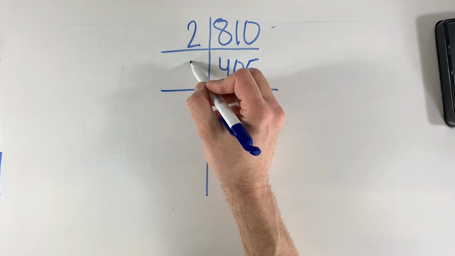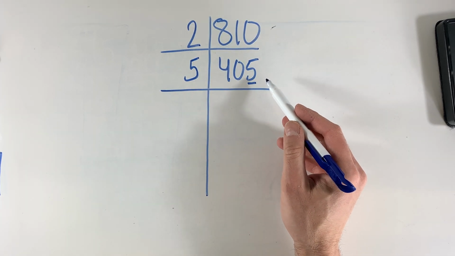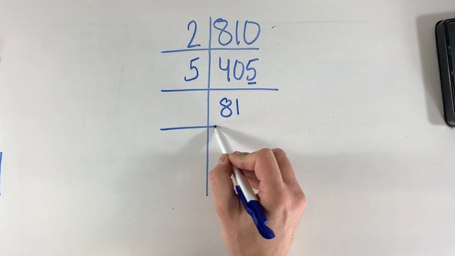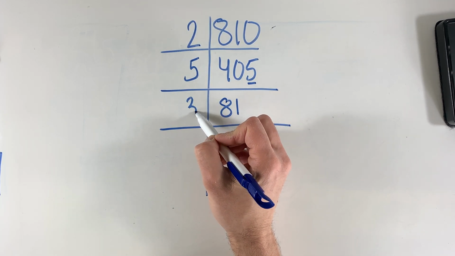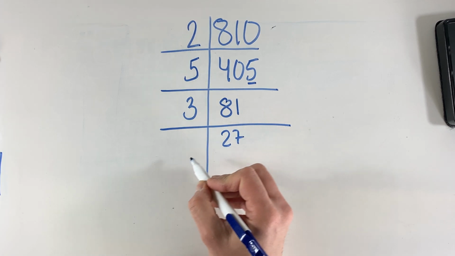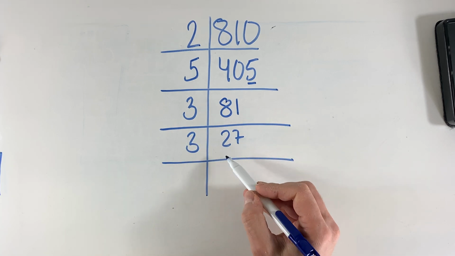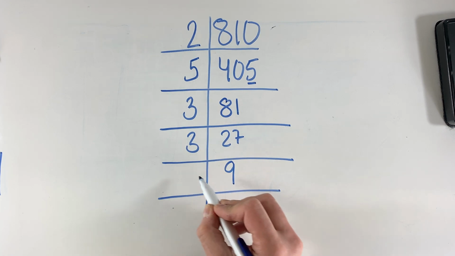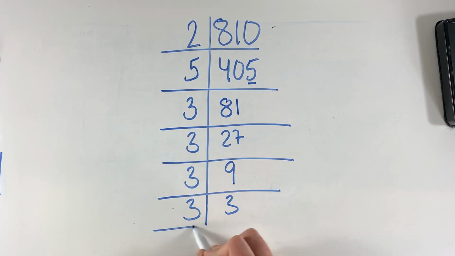So we can divide it by 5. 405 divided by 5 is 81. 81 is divisible by 3. 81 divided by 3 is 27. 27 is divisible by 3. 27 divided by 3 is 9. 9 divided by 3 is 3. And 3 divided by 3 is 1.